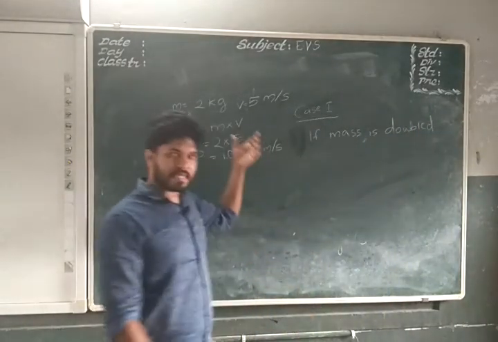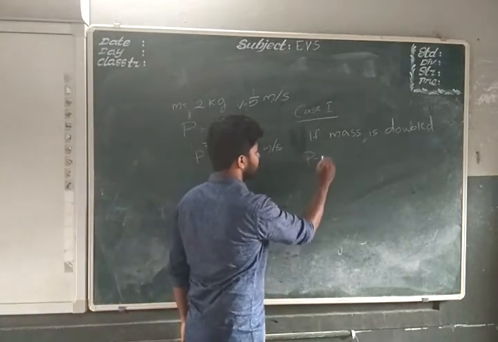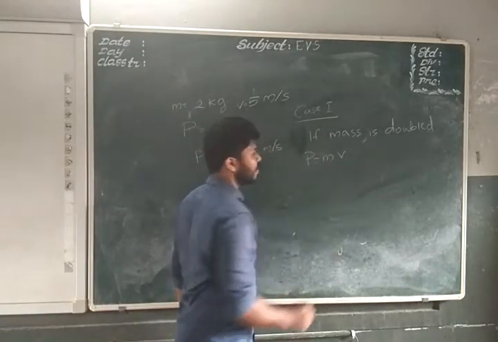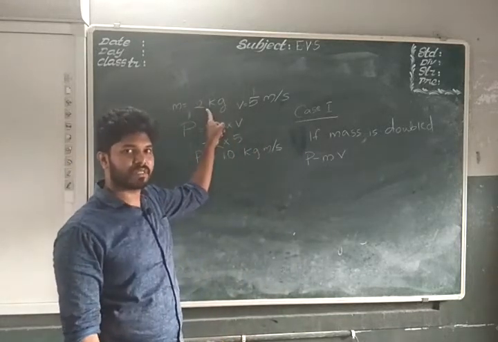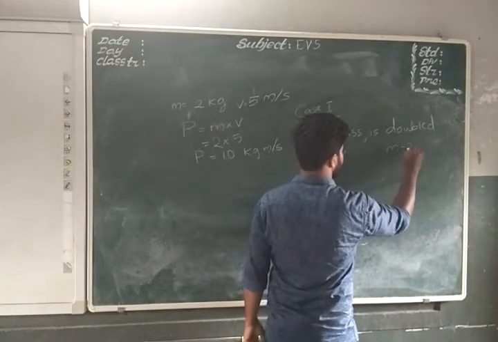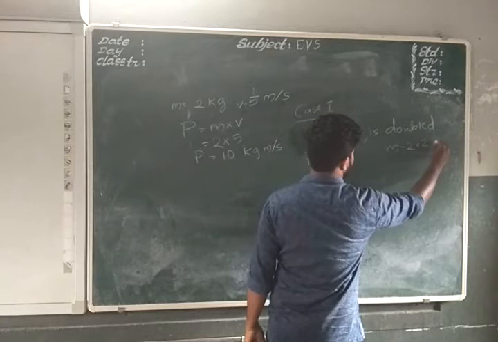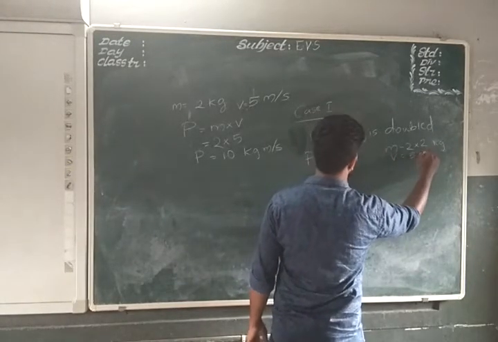Let's take this example itself. We know the equation for linear momentum, P is equal to M into V. What happens if the mass is doubled? 2 becomes 4. So here we'll use 2 into 2 kilogram, and V is equal to 5 meter per second.